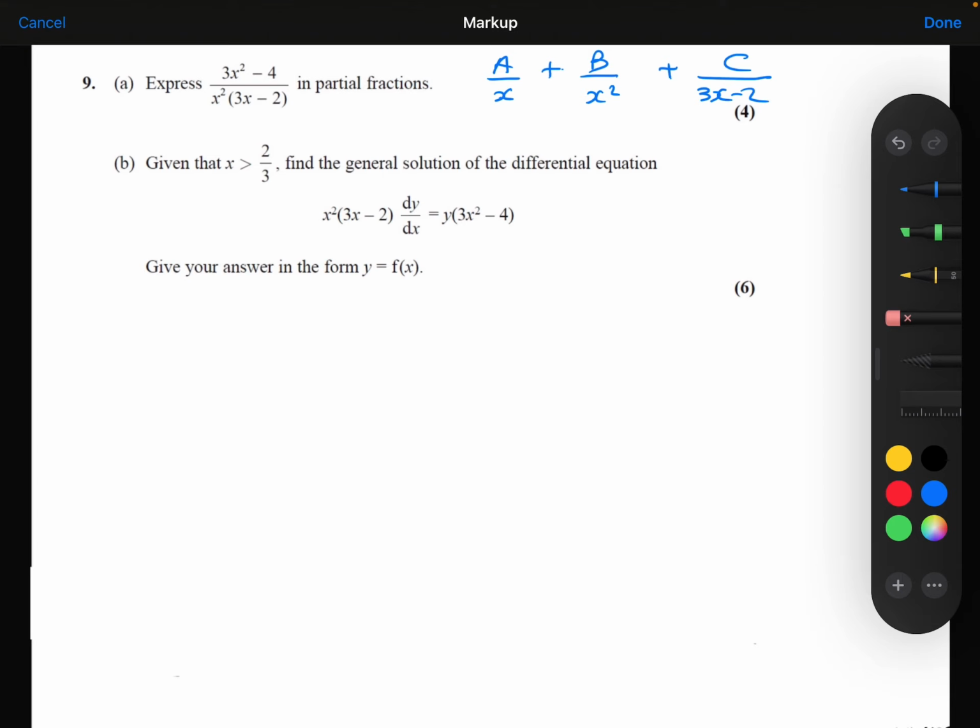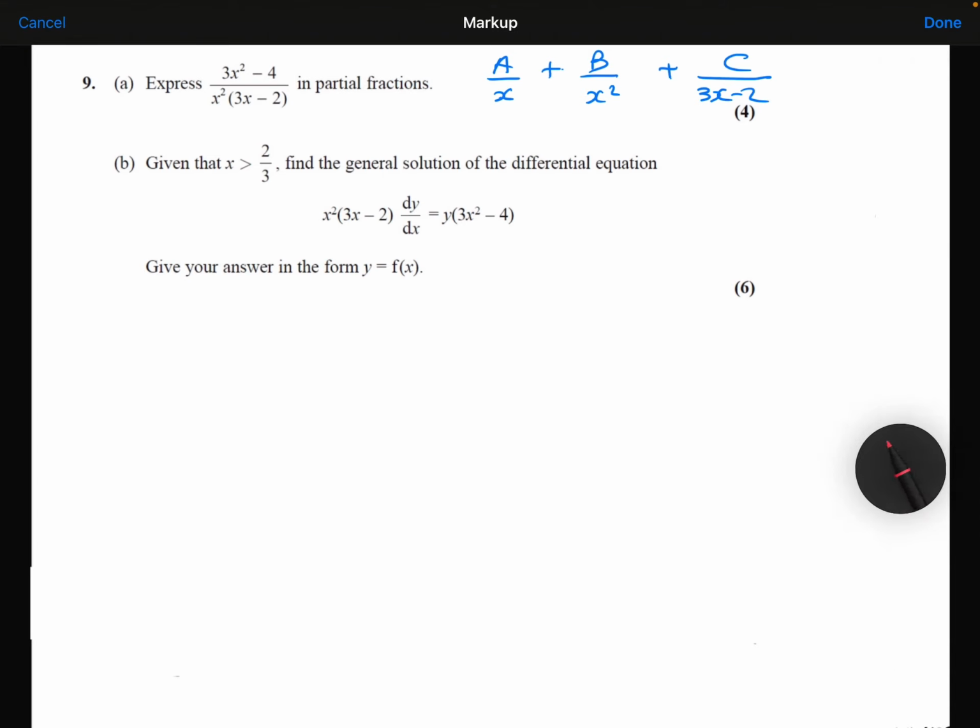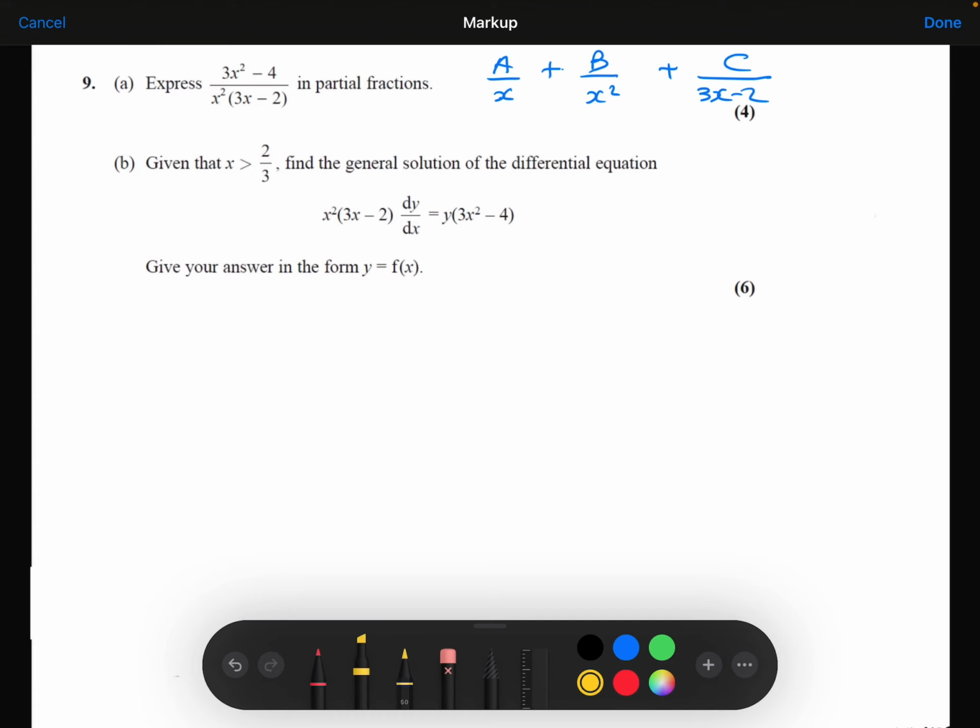Right, now, if I were to get a common denominator, let's have a look. With the A term, I've already got an x, so I've got one of those x's. So I would need another x to get the x squared, and I would need the 3x minus 2 as well.